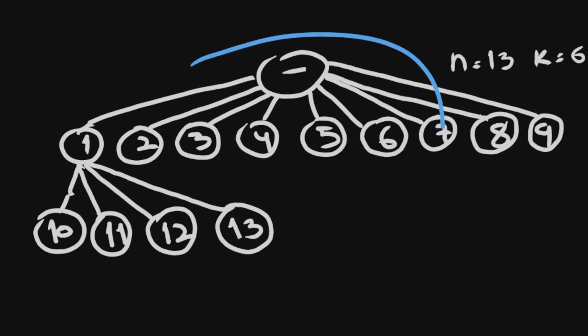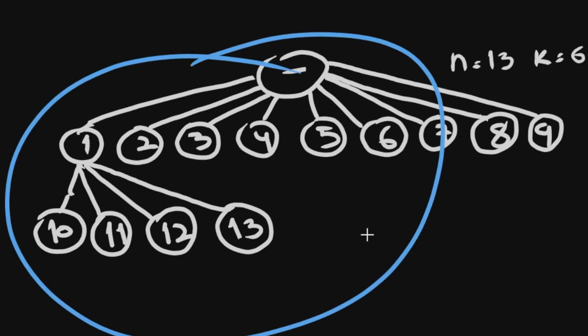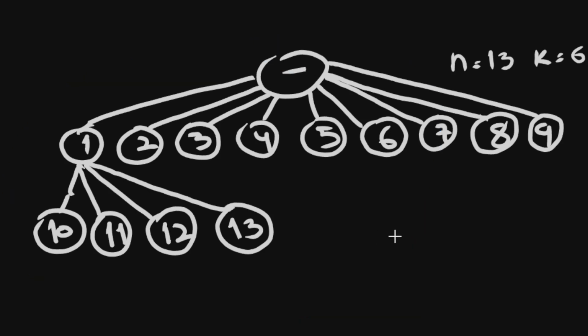So if we run this DFS here, we iterate these numbers in lexicographical order, which is what we want. But remember, that requires a time complexity of big O of n, but n can be up to 10 to the power of 9, so we need to think about something more efficient.